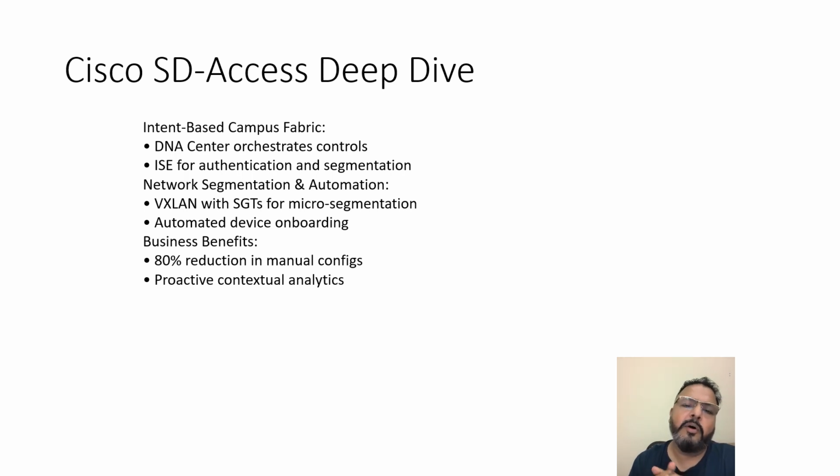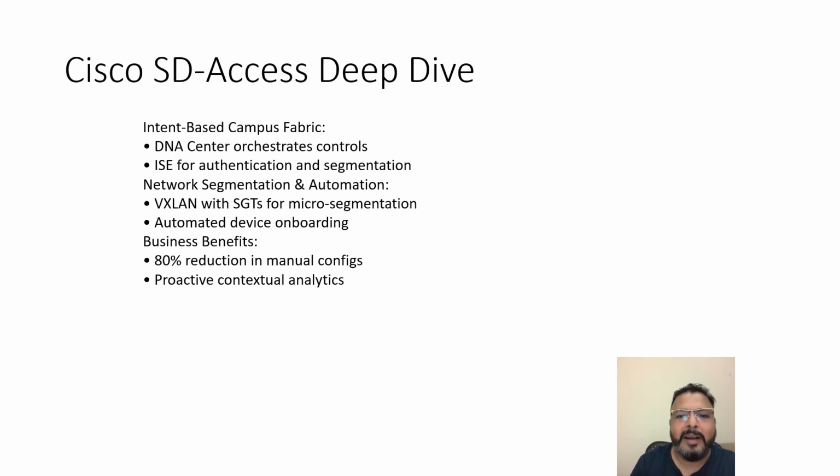It can even predict issues before they happen, like spotting an overloaded switch or a failing link, so you can fix it before things get nasty. The end result: you get a network that's automated, secure, and adaptive. Your organization is running very smoothly.